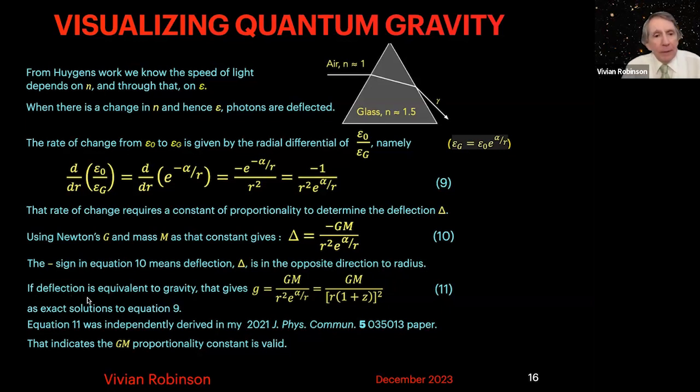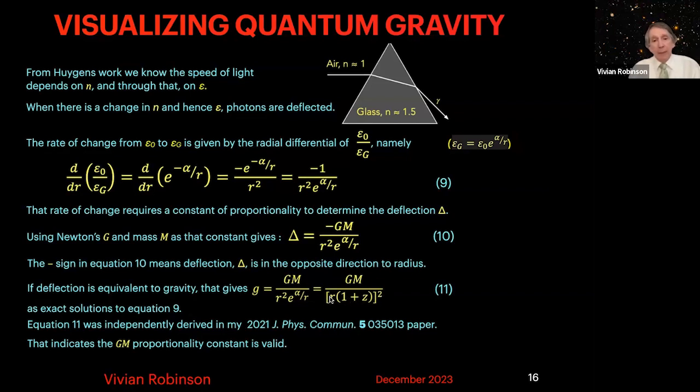So if deflection is equivalent to gravity, that gives g equals GM over r squared e to the alpha over r, which can also be written as GM over r times 1 plus z, all squared. This term shows the relationship with Einstein's suggestion that mass distorts space-time.